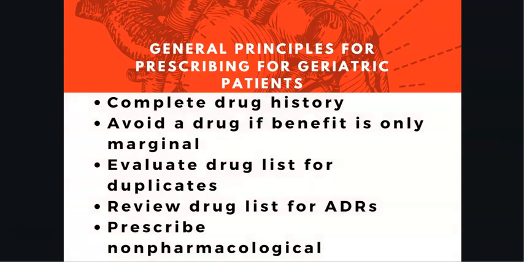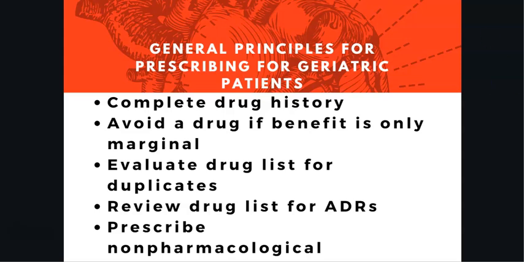Some of the general principles for prescribing for geriatric patients: get a complete history. Avoid a drug if the benefit is only marginal. Evaluate the drug list for duplicates. Make sure you put eyes on that drug list or on those bottles. Review the drug list for adverse drug reactions, and try to prescribe non-pharmacologic treatments if you can.